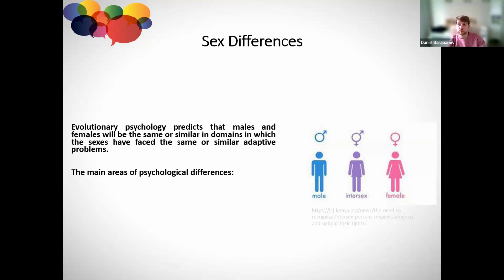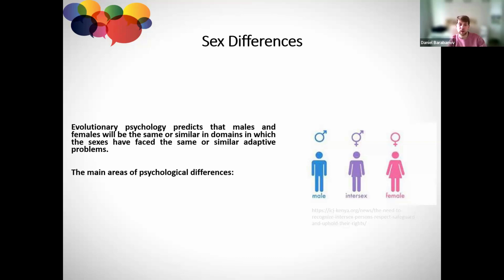Because, evolutionarily speaking, men and women faced this reproduction cycle in different conditions, they developed different mechanisms, personality traits, and characteristics to deal with that.